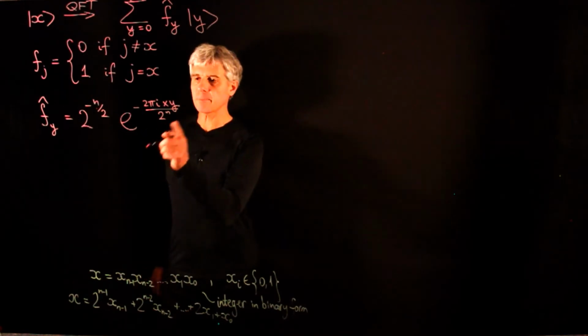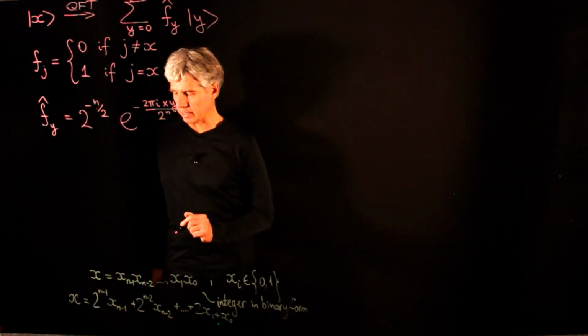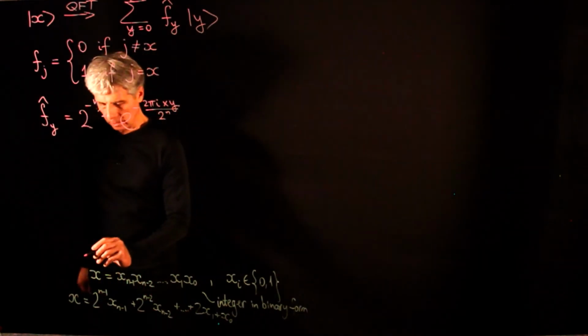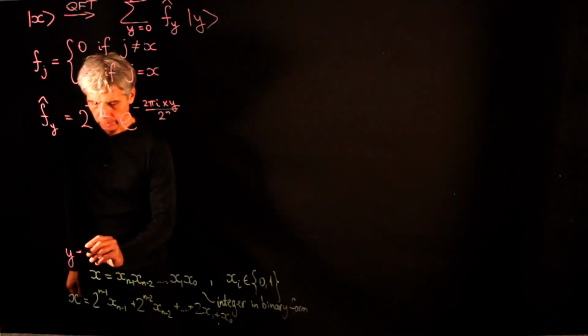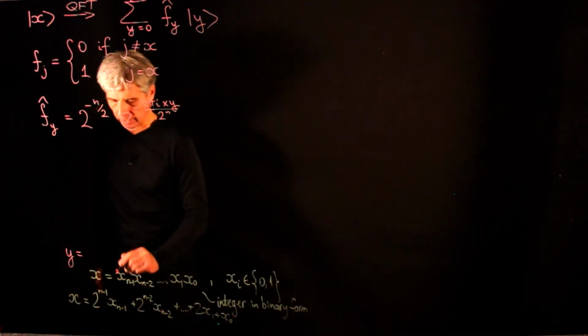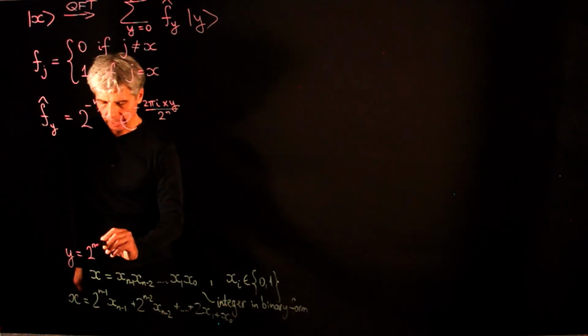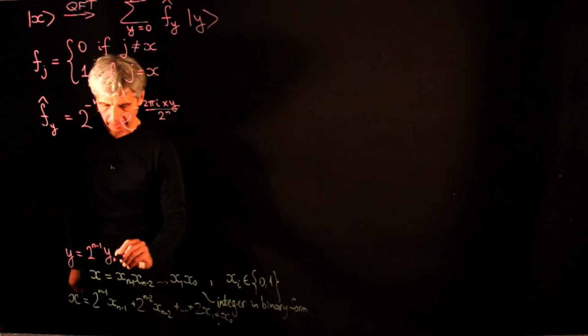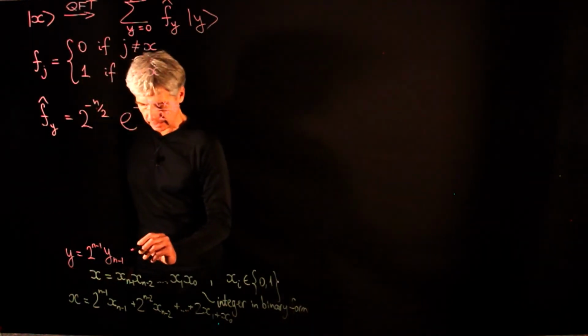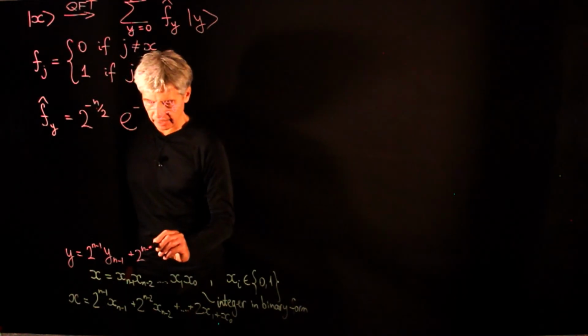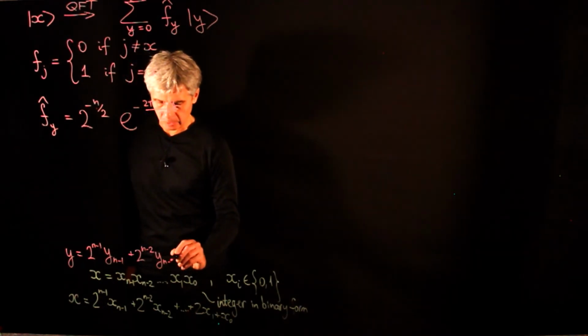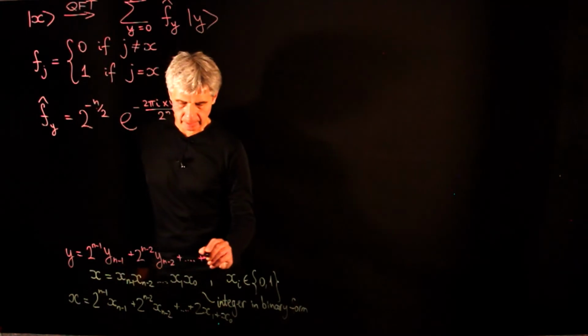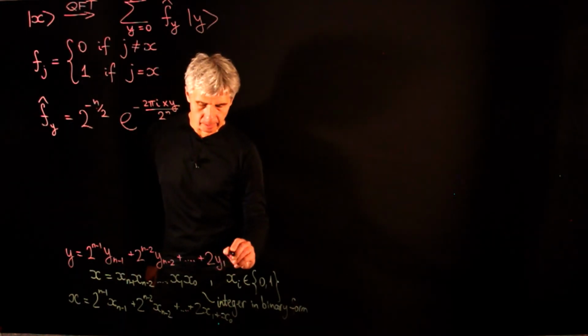So we want to understand better this exponential factor. In order to do this, we write y also in binary form, just as we did for x. So it's 2^(n-1) y_(n-1) plus 2^(n-2) y_(n-2) plus ... plus 2y_1 plus y_0.